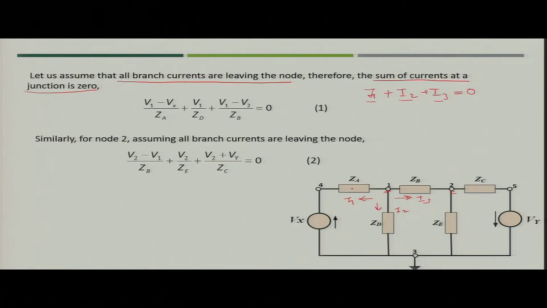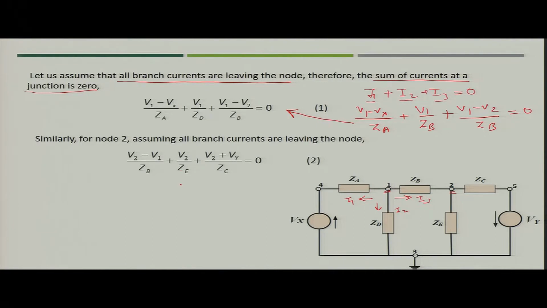So, I1 is V1 minus Vx divided by ZA, plus I2, which is simply the node voltage V1 divided by the impedance connected between node 1 and the reference node, plus current I3, which is V1 minus V2 divided by the impedance ZB, and that is equal to 0. This is what you get for node 1.